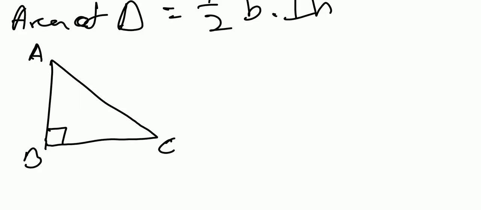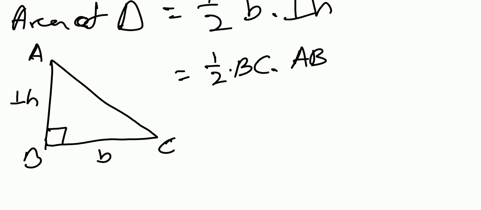So this area, you can only use it if you have perpendicular lines. We can see this is our height, perpendicular height, this is our base. So this will be half our base, which is BC, times perpendicular height, which is AB. So this is the formula of the area of a right angle triangle, right?